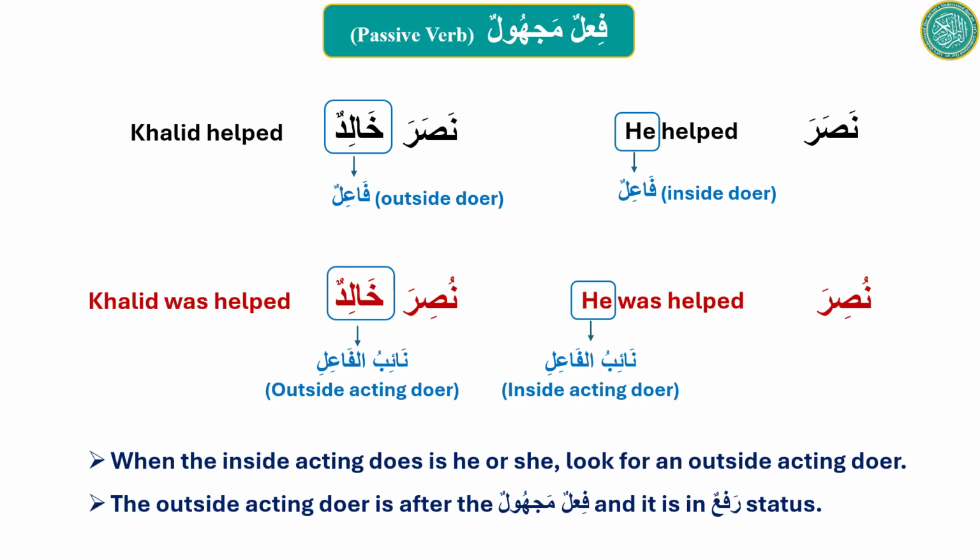For fa'il ma'lum. For fa'il majhul, we have to use a naibul fa'il to make a sentence. The naibul fa'il and fi'l majhul will be together and make a jumla fi'liya. I hope that answers your question, Brother Taimur. Did I answer your question or no? Yes? Okay, good. I have follow-up questions maybe later. We can talk about that later, inshallah.